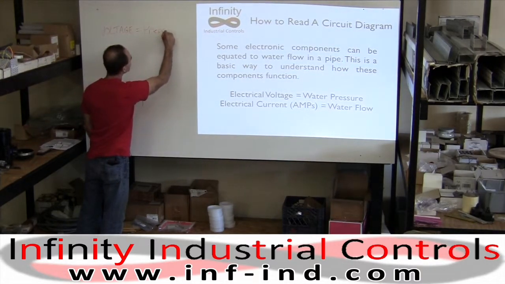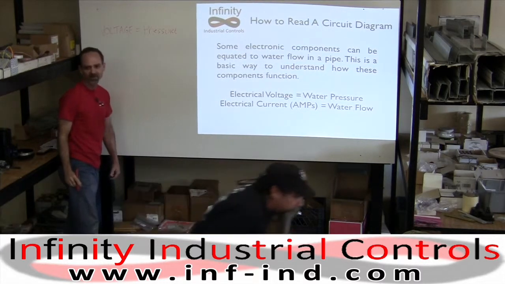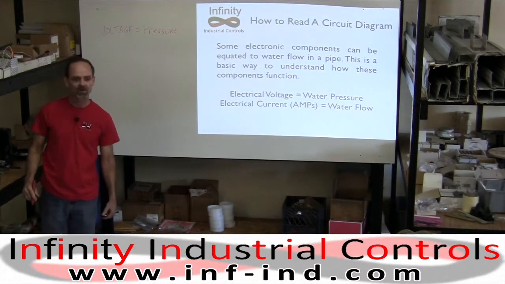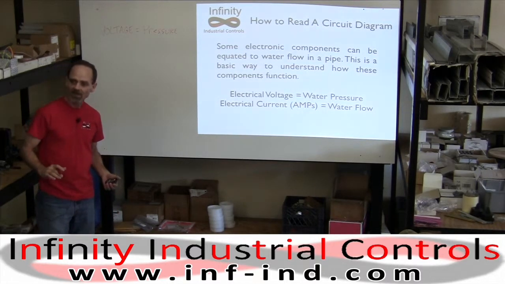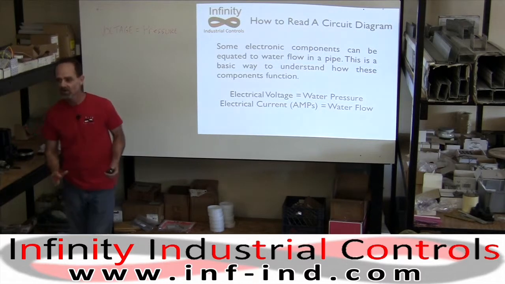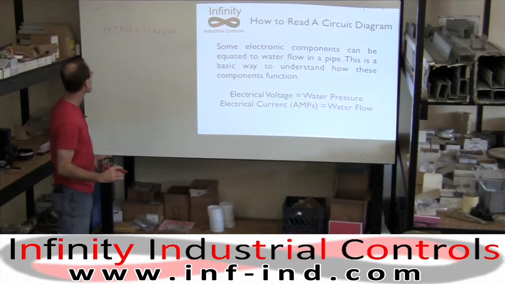So if you were to think of the electrical circuit as like a hydraulic system or a pneumatic, it would be the quantity of pressure, and that would be the potential for current flow. They often call it potential too, electrical potential.